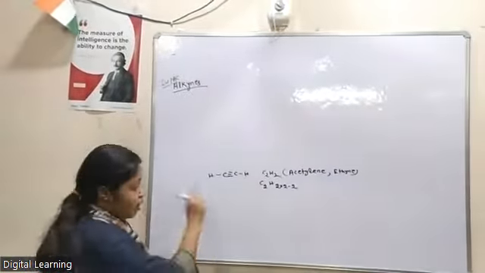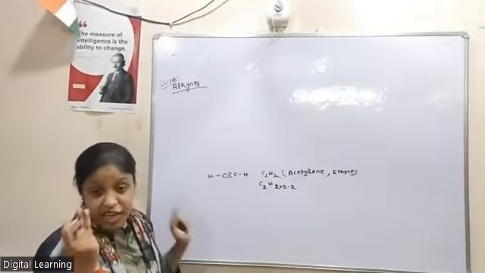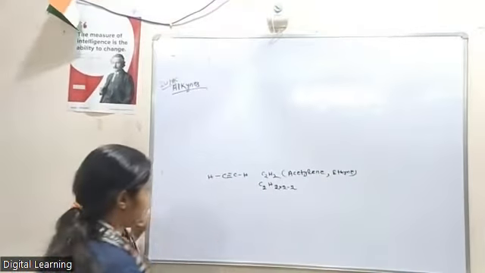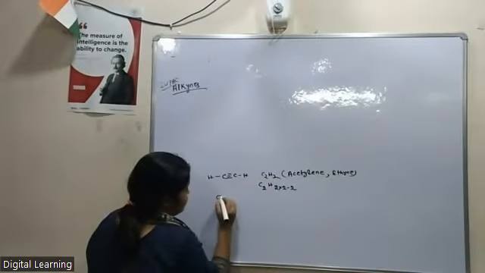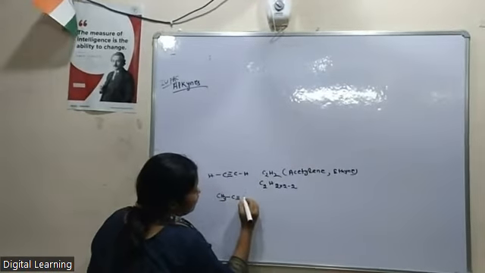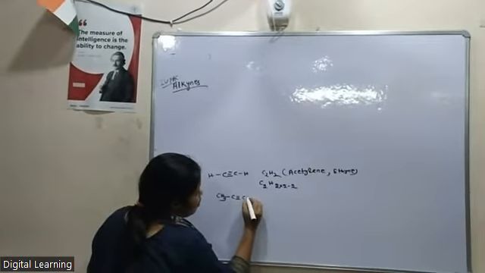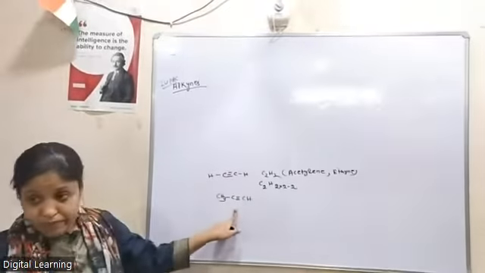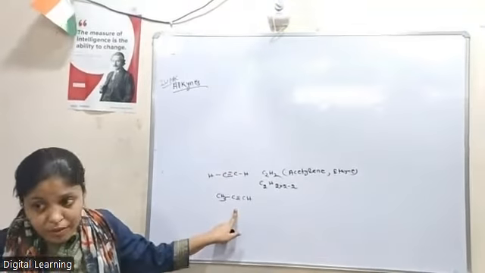Similarly, if we take 3 carbon atoms containing the triple bond, this is the second member.